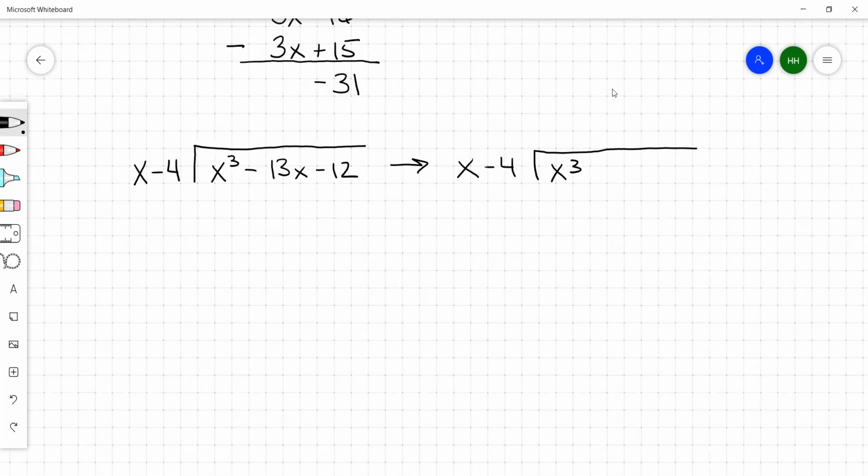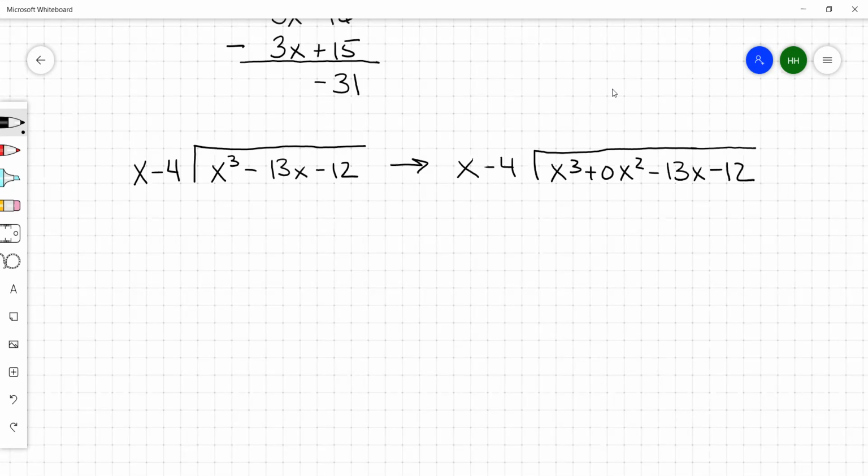There's 0x squared, so we've got to add it: 0x squared minus the 13x minus the 12. Real important that that gets done, whether it's inside or outside, okay? Those exponents always have to be in descending order.